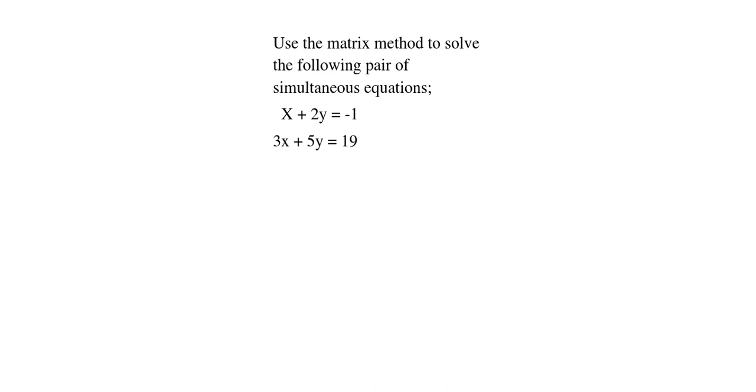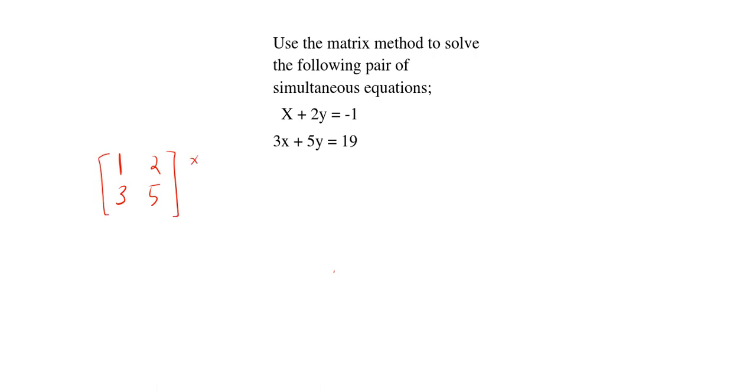So the first thing you do is you extract your matrix from the equations. You extract the coefficients of our values. So in this case we have 1, 2, our matrix is 1, 2, 3, 5.